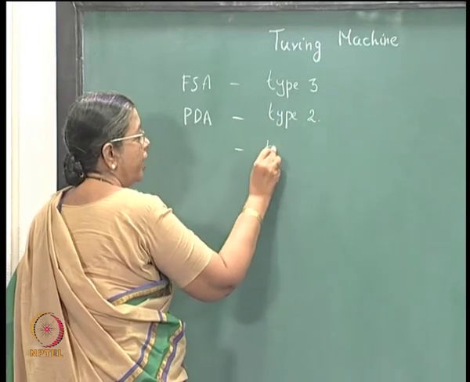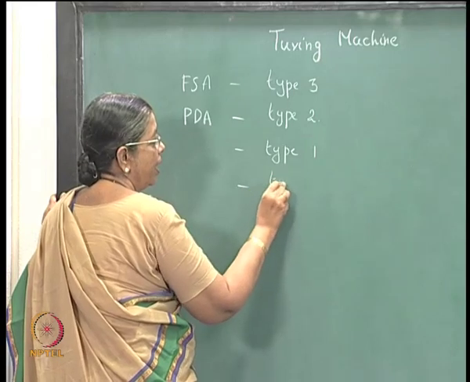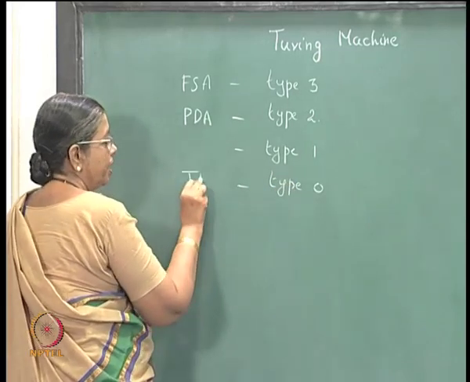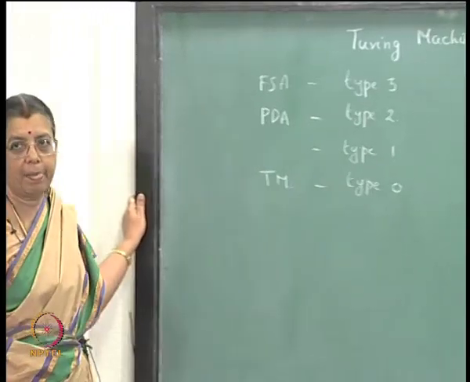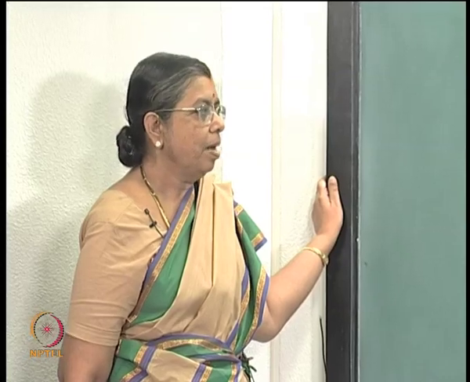We have studied 4 types of grammar, the Chomskyan hierarchy, type 0 and type 1. The Turing machine corresponds to type 0 grammar. The equivalence we shall study later is a machine model.